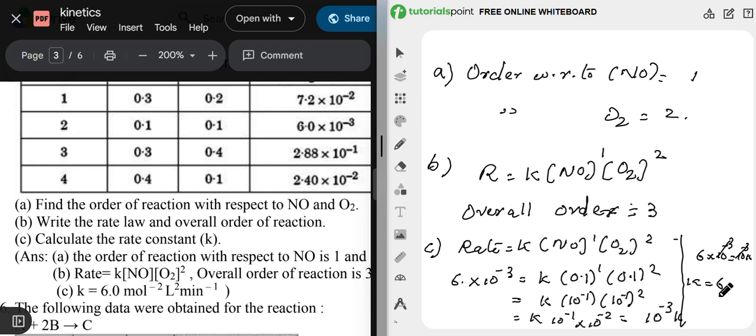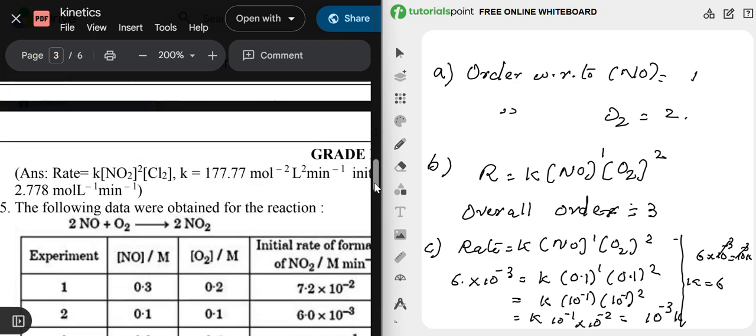Okay. So what will be the unit of K? The overall order of the reaction is 3, right? The time is given, you can look into the data, mole per minute is the rate given. So time is in minutes. When you are writing the unit, molarity, the whole raised to 1 minus n, time inverse, right? 1 minus n, here n is the overall order, which is 3.